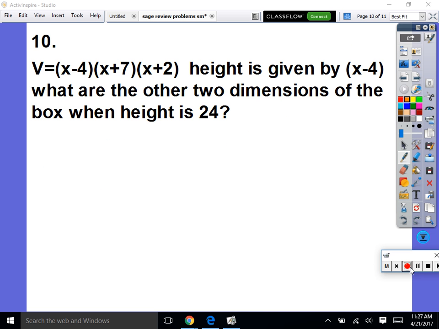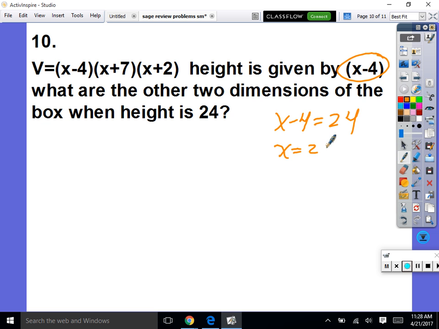Okay. Given the volume is (x minus 4)(x plus 7)(x plus 2), the height is given by x minus 4. What are the other 2 dimensions of the box when the height is 24? So the height is equal to 24, so you'd set up a true statement, and then solve for x. So x equals 28.